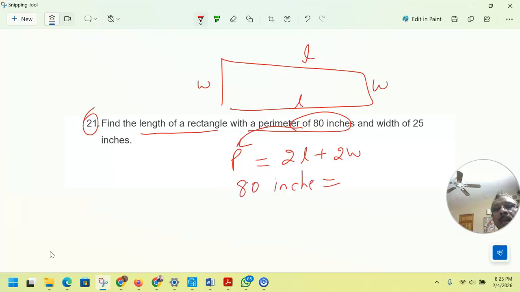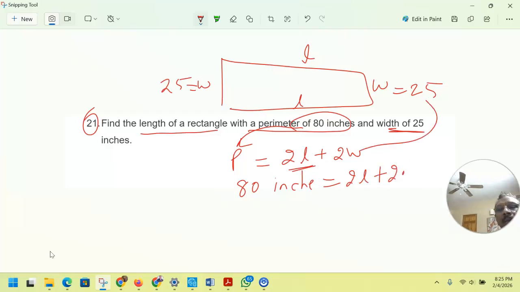And the width is given as 25. So if this is 25, this also is 25, right? So you plug in here. So this is what we don't know. So I'll write 2 length plus 2 times the width goes here, which is 25. So this will be 50.